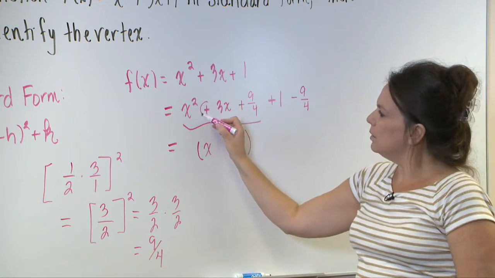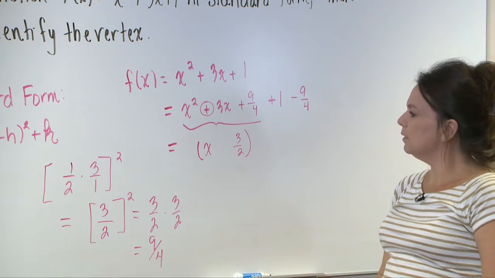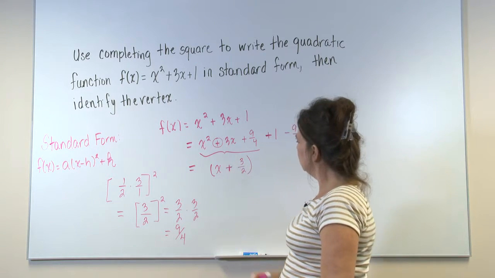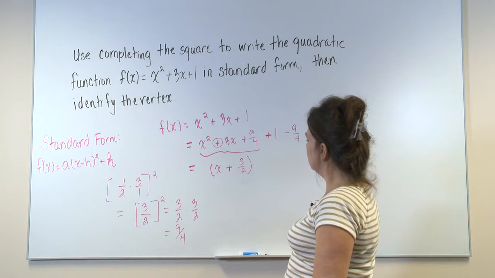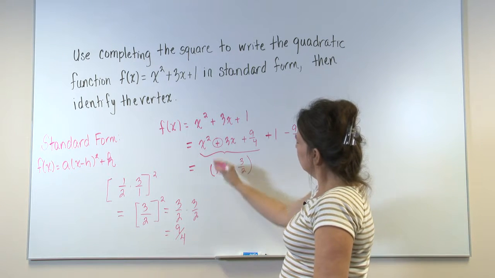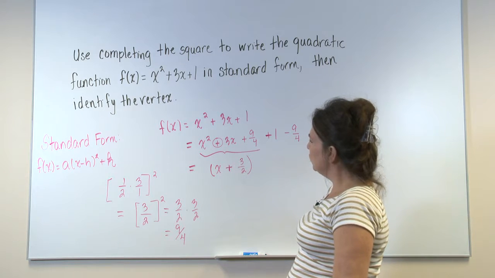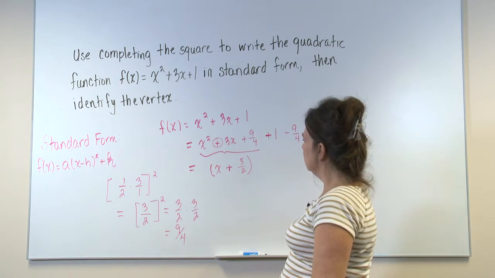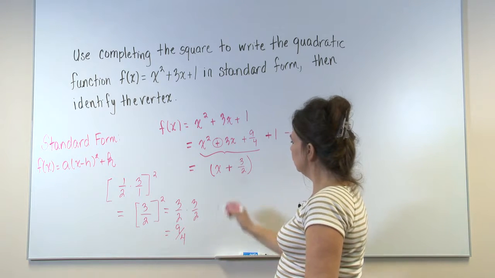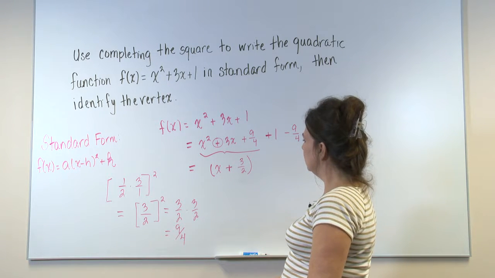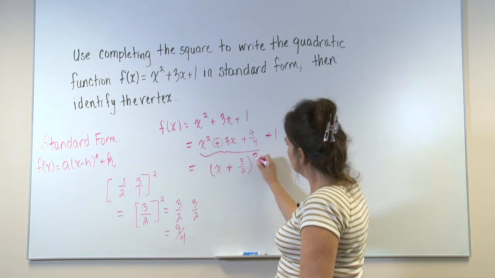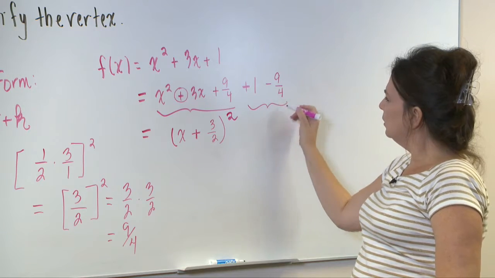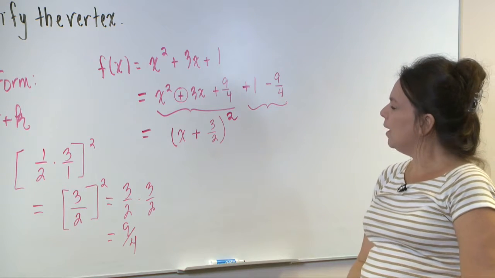Now, the middle term here is positive, which means the sign in the binomial will also be positive. So if I factor x squared plus 3x plus 9/4, that is going to factor into x plus 3 halves squared. And then the numbers here on the right, I want to add.